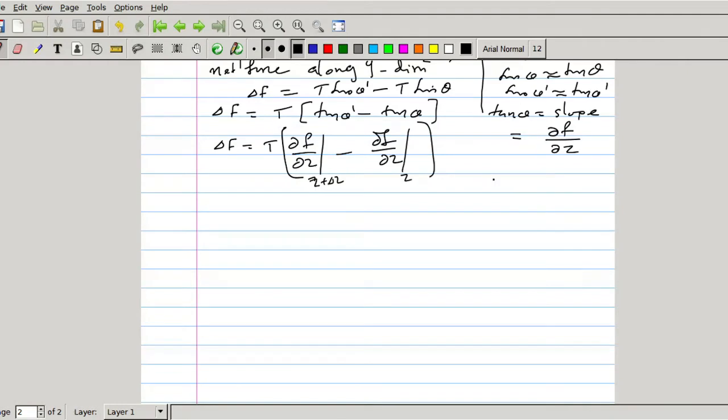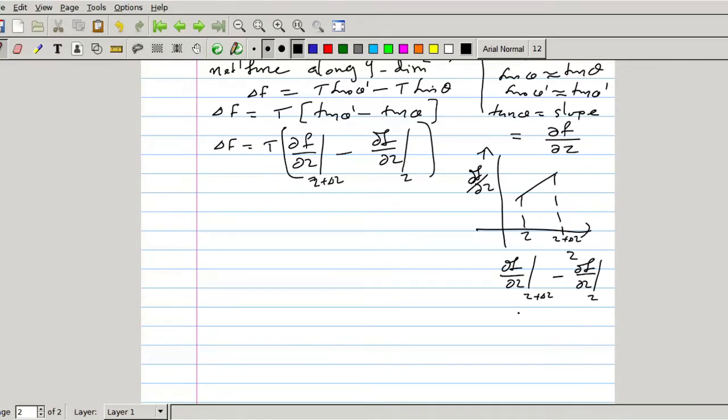This change we can see if I draw a graph by taking dou f by dou z along y direction and z along x direction. If I take this as z, and at this point this is z plus delta z, then the change, dou f by dou z at z plus delta z minus dou f by dou z at z, is final y minus initial y by final x minus initial x.